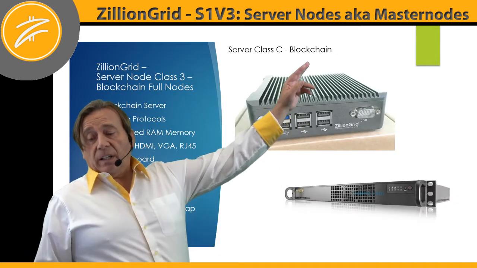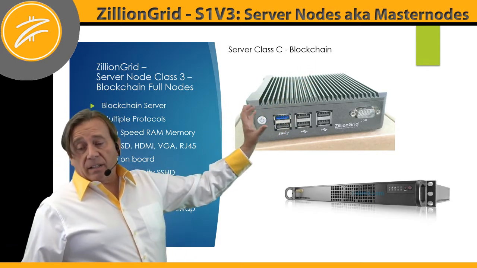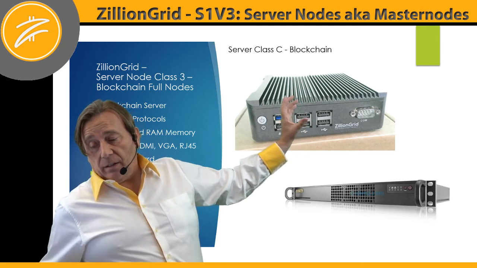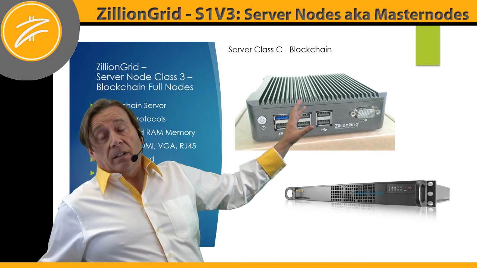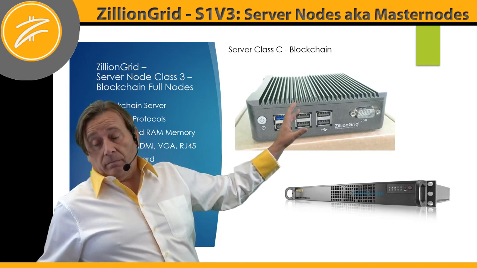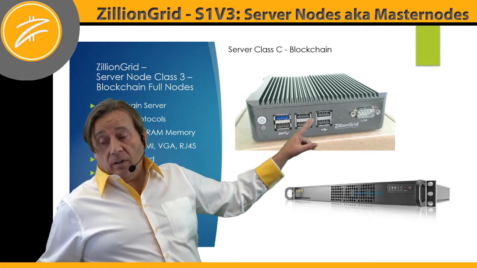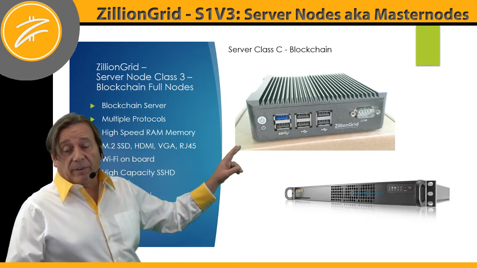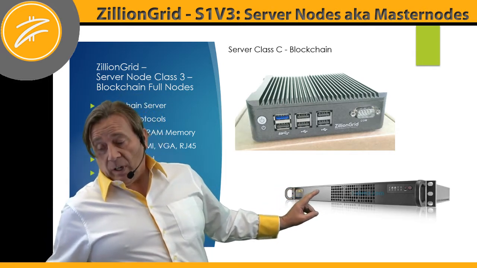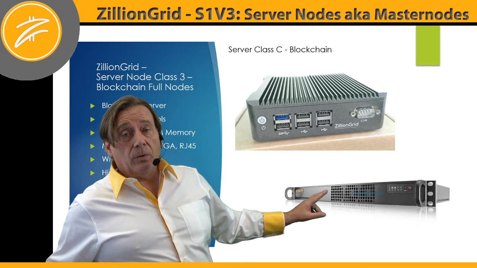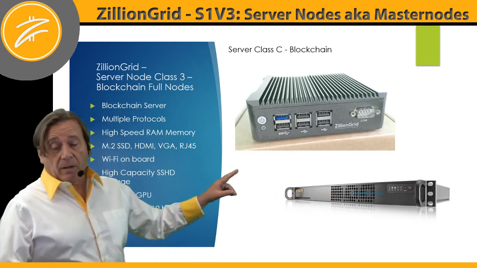Here we come to the blockchain full nodes. This is our smallest custom-made device. It still has an i5 or i7 processor, M.2, Wi-Fi, SSHD, all in one small form factor. The same Class C can also work in a 1U rack-mounted system that I will show.